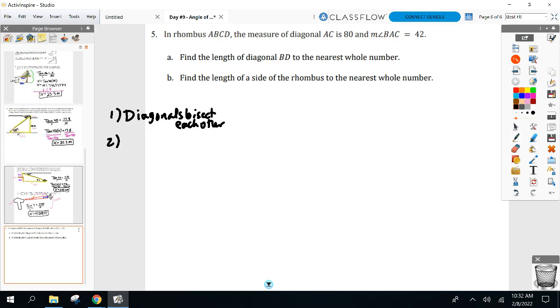Anybody remember anything else about a rhombus, Callum? Diagonals perpendicular. Yep, that's where you're going to get your right triangles to do sine, cosine, tangent. And it says find the side of a rhombus for part B. Doesn't matter which side. Why not? All sides congruent. So it doesn't matter which side you find.